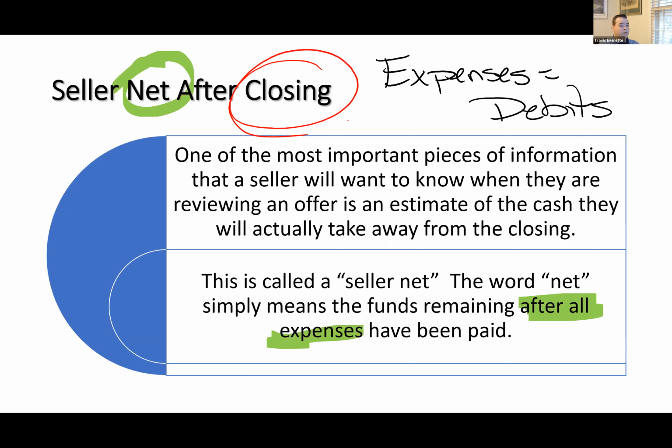It's very important for us to be able to sit down with that seller and say to them, here's what we think you will net. Here's what you will take away at the closing. It's the cash they'll walk out the door with. It's the amount of the cashier's check that they will leave the closing with. Sellers need to know that amount of money. It's an important amount of money to them.